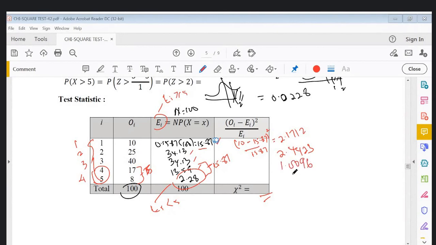Okay, the last one. 5.25. Okay, the total. What is the total? What is the value of chi-square? The total.